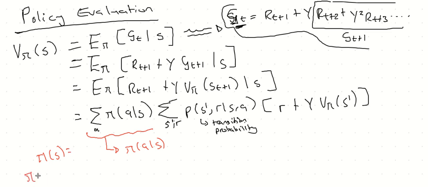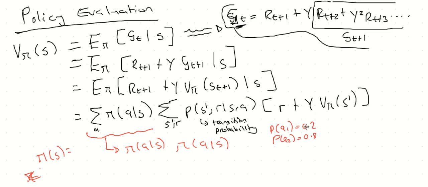But sometimes this can be a probability distribution. If you're now given pi of a given S, that means action A is taken with some probability. For example, the probability of taking action 1 may be 0.2 and the probability of taking action 2 is 0.8, given that you're in a particular state.